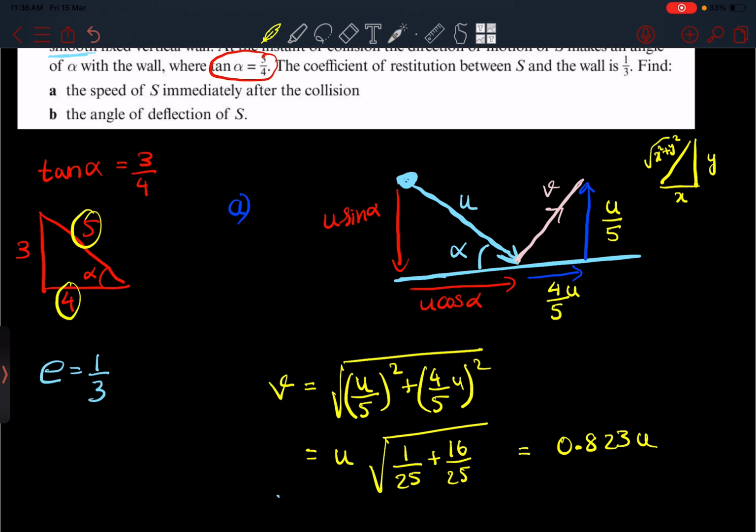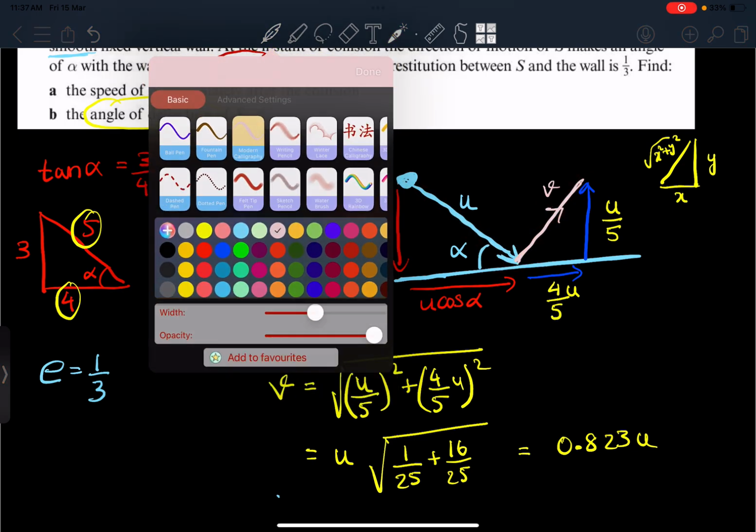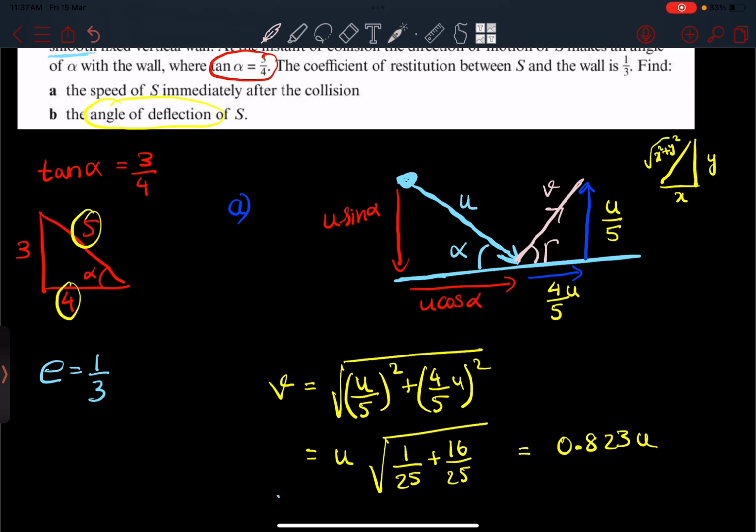Now, this is another keyword which I didn't explain, the angle of deflection. The angle of deflection is the total angle that you have changed or travelled through during your entire journey. Initially we made an angle alpha, then we made another angle, let's call this angle beta.